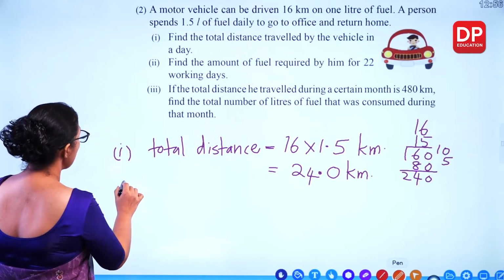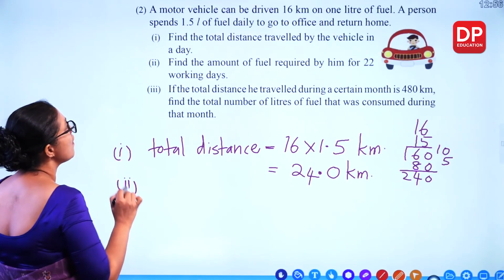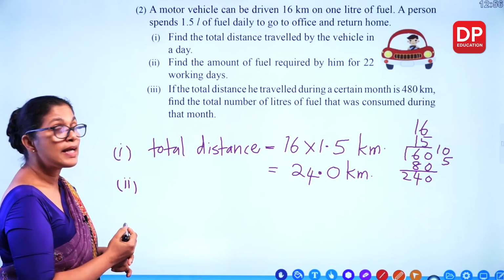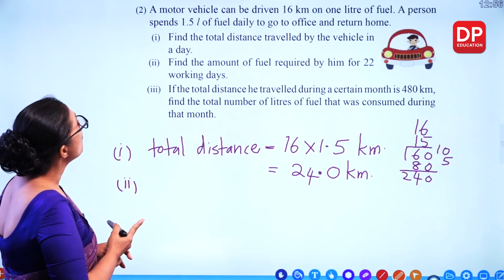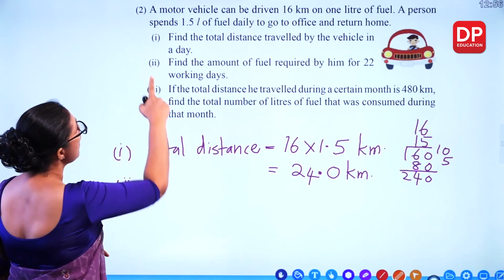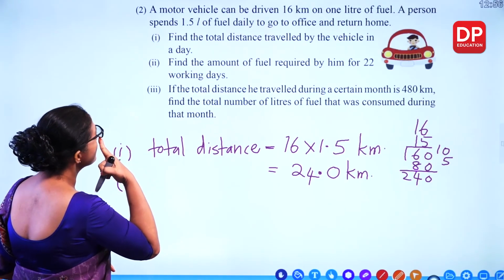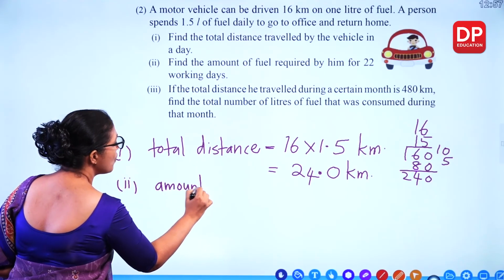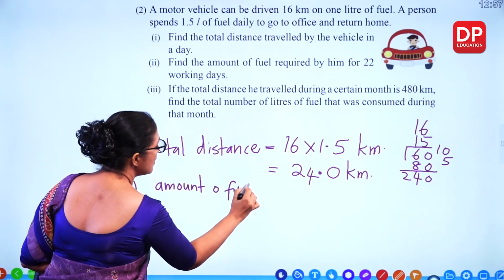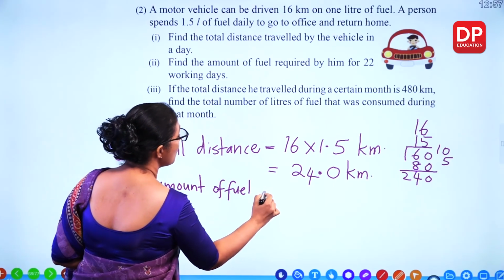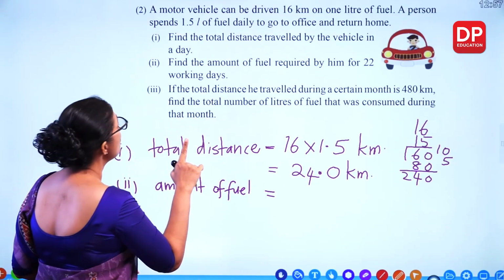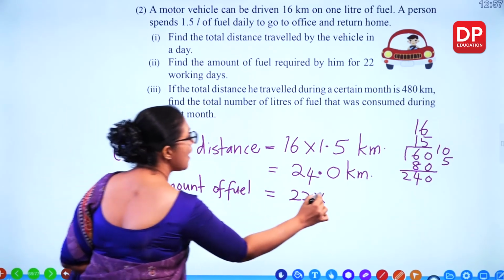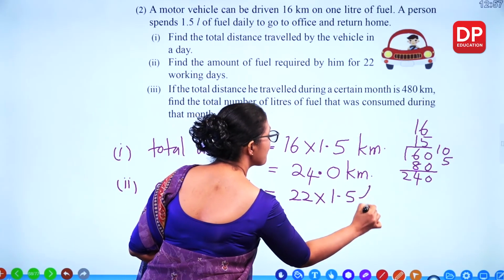Now look at the second part. It says, find the amount of fuel required by him for 22 working days. So each day 1.5 liters. So what's the amount of fuel? Amount of fuel for 22 working days means 22 times 1.5 liters per day.